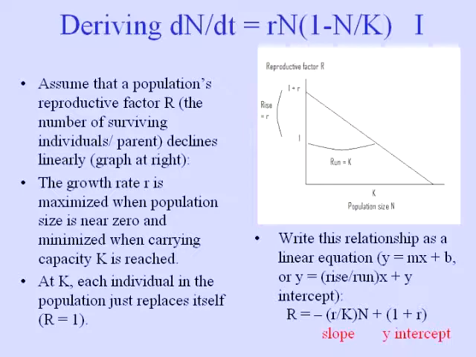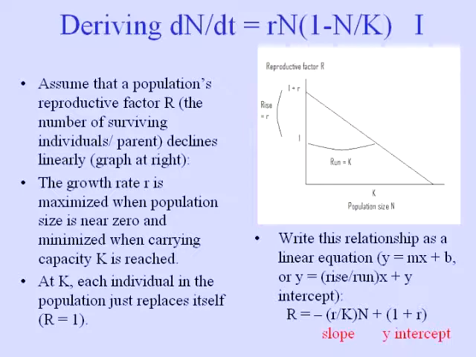The run of the graph is K, in other words, the x-axis. And so if we want to find the slope of this line traced out by the reproductive factor's decline, we can use a linear equation formula, our old friend y equals mx plus b, where m refers to the slope of the line and b refers to the y-intercept, the place where the line crosses the y-axis.